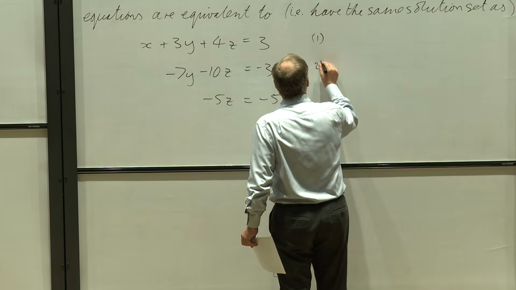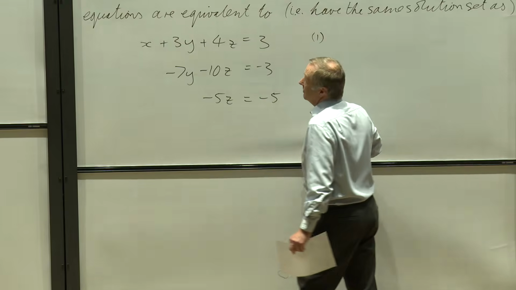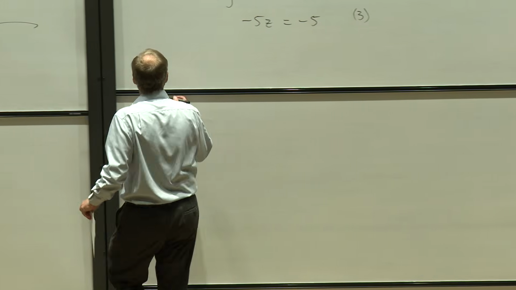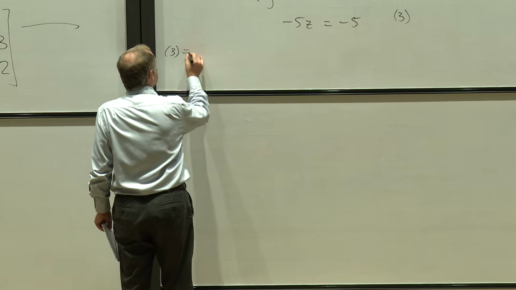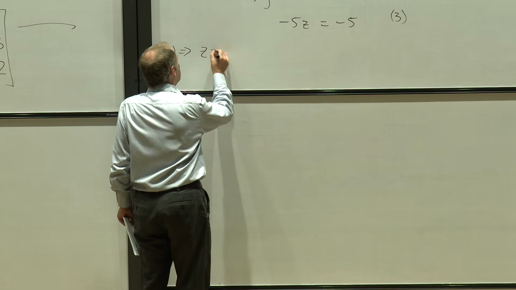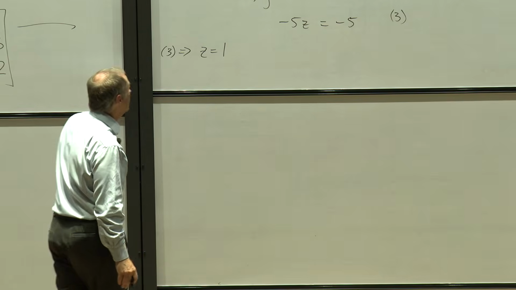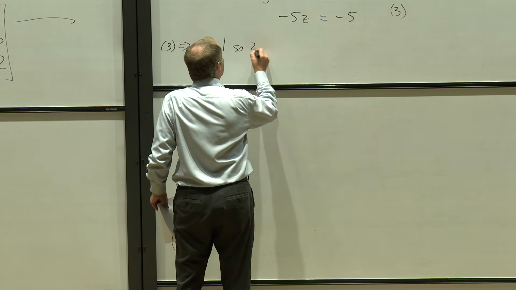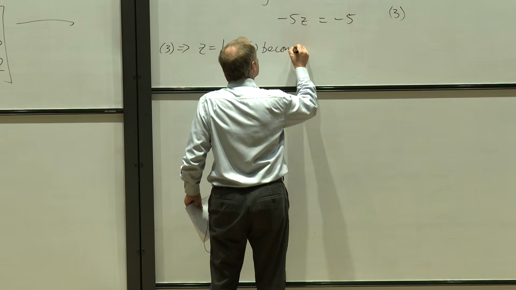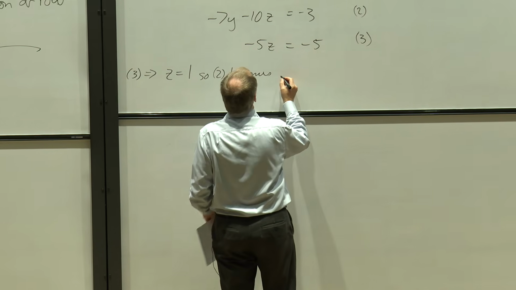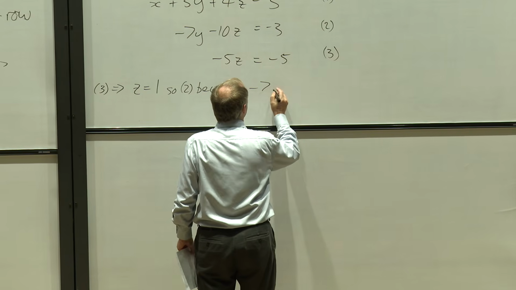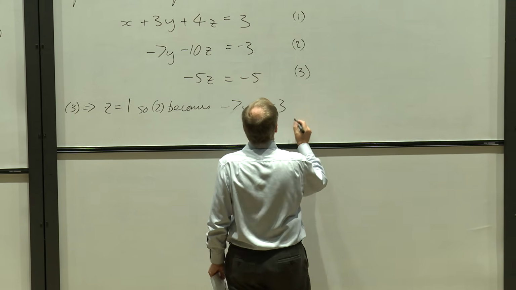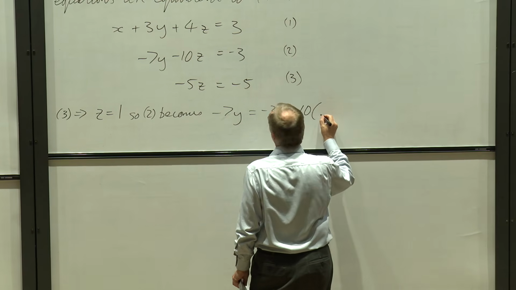So I'm going to call these 1, 2, and 3, which I've not labeled so far. Okay. And immediately you can see from equation 3, what does this tell us? This tells us that z is equal to 1. Right? And so 2 becomes minus 7y is equal to minus 3 plus 10 lots of 1.